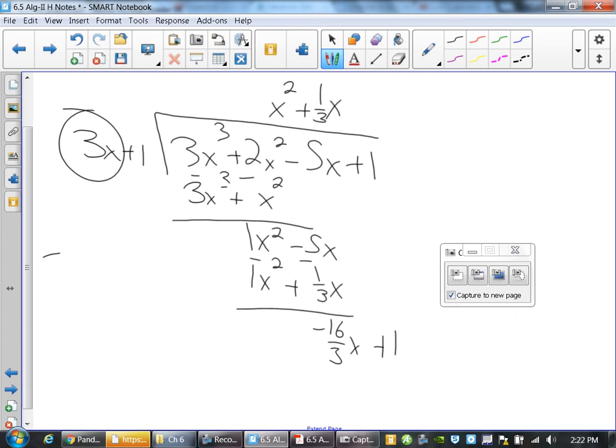So now, this is where it gets really weird. I need to multiply the 3 by something to turn it into 16 over 3. What is it going to be? 16 over 9. Good. Obviously, it would be negative.